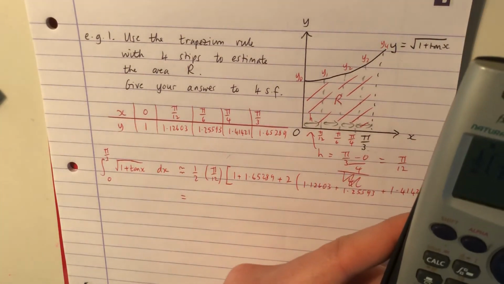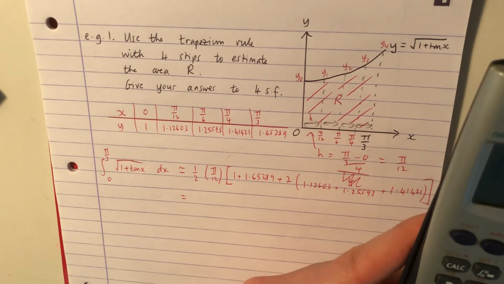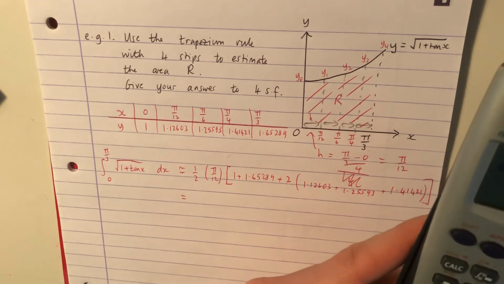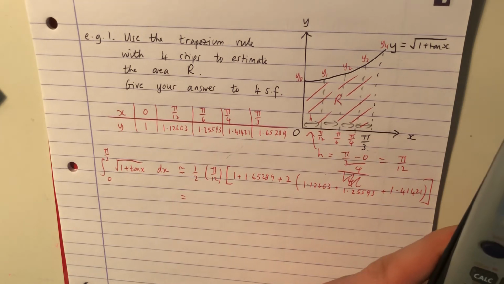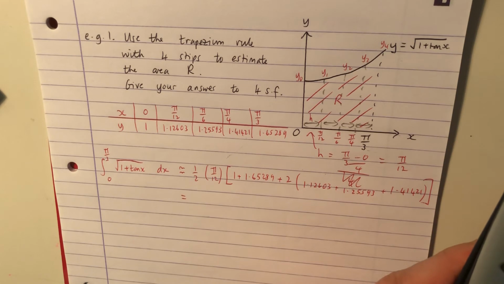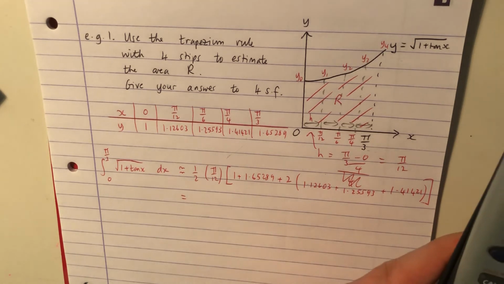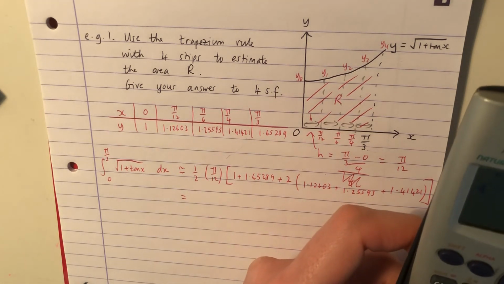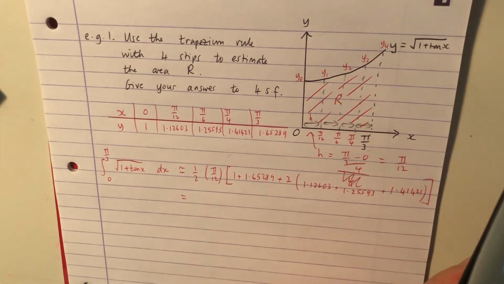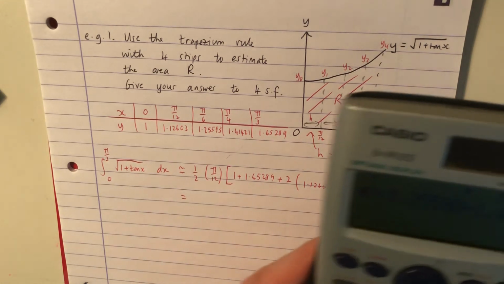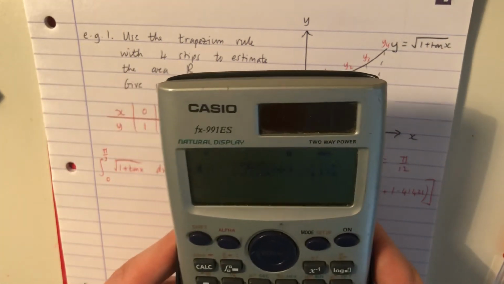So 1 plus 1.65289 plus 2 lots of 1.12603 plus 1.25593 plus 1.41421.